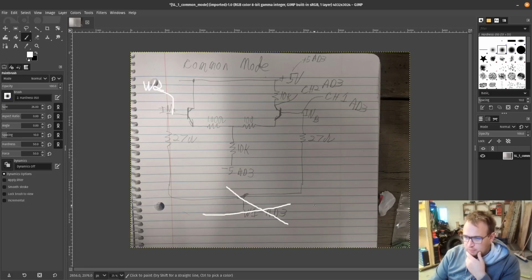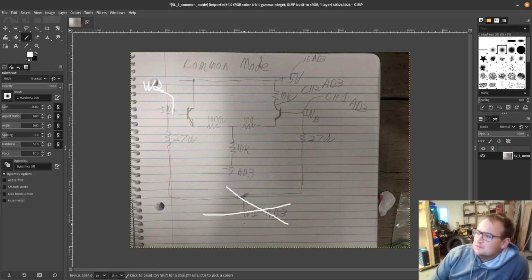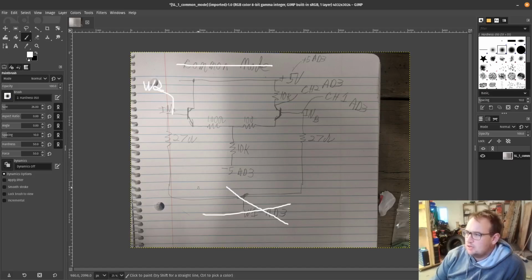I believe I bring it back later to show a little scraggly double thing. I'll just cross that out, since we're measuring differential mode, not common mode.